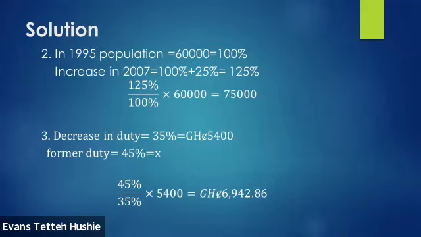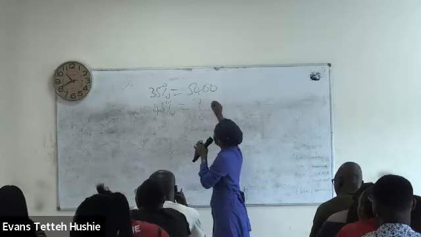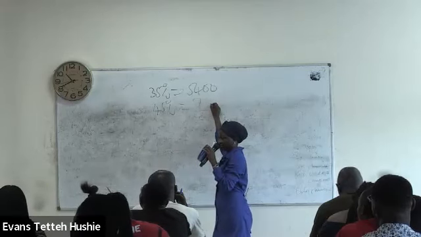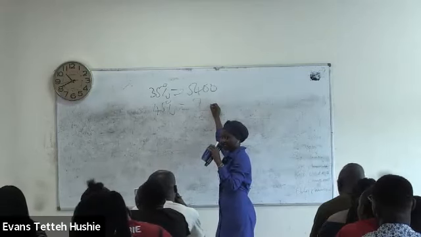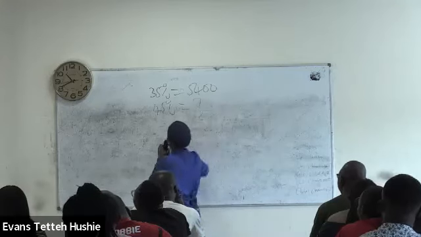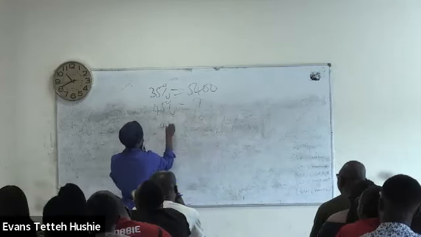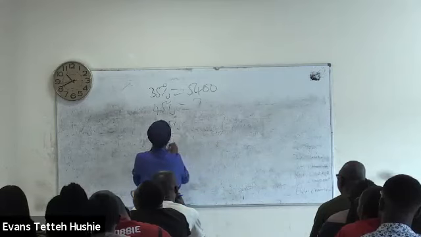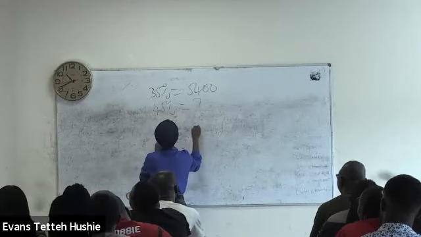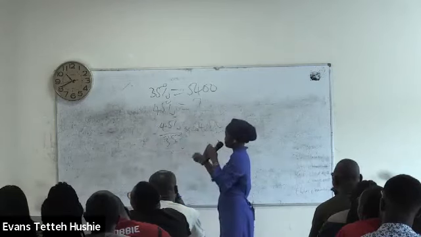So since we have been given the 45%, we have 45% over 35 times 5,400.